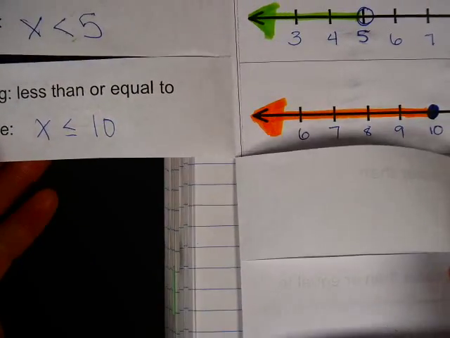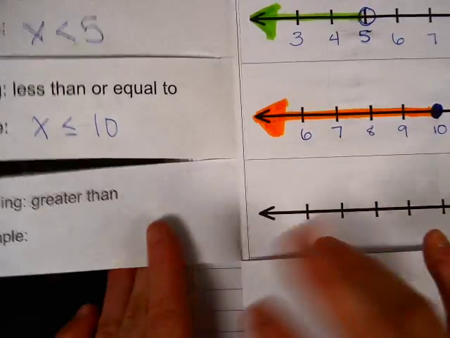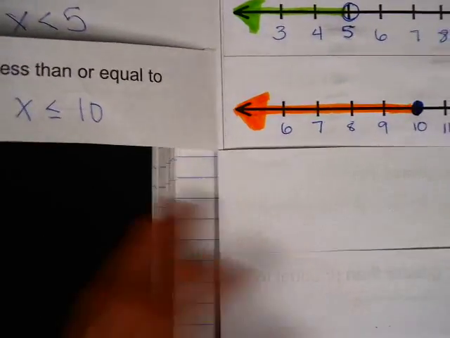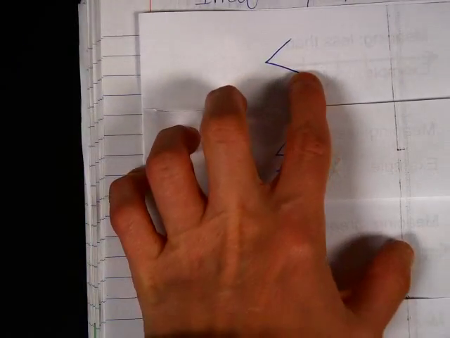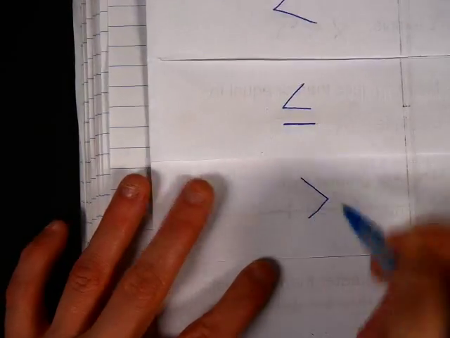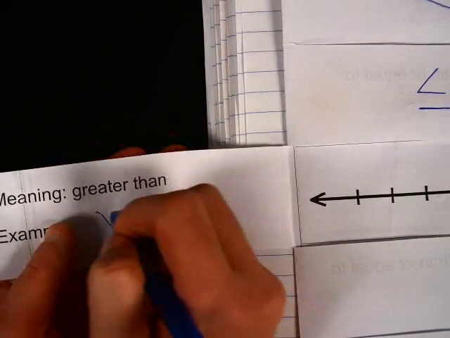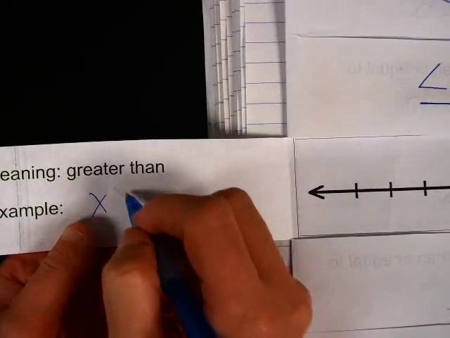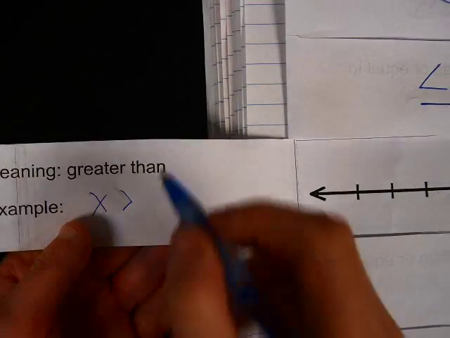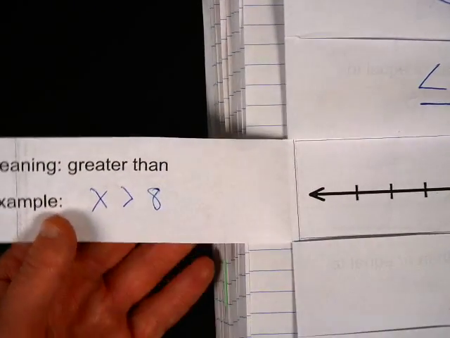Okay? So then we're going to do greater than. So, look at how less than looks. Greater than is just flipped. So greater than, the larger part, is the first thing you see, and it goes to the smaller part. So, let's do x is greater than, let's say 8.